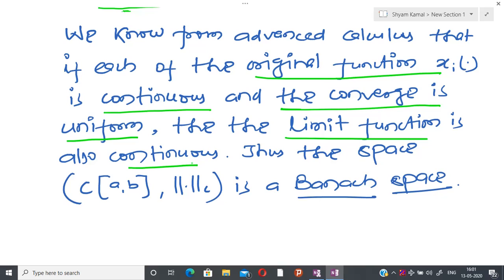Since in this space we are able to define a vector space or linear space, I am able to define a norm using the max function, and after that we are able to talk about the limit and also about convergence. Uniform means for two points, as time increases from A to B, they come closer and closer.